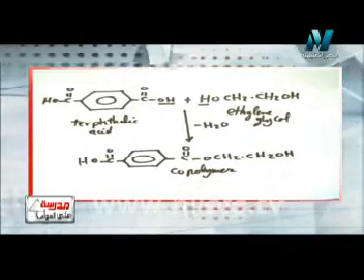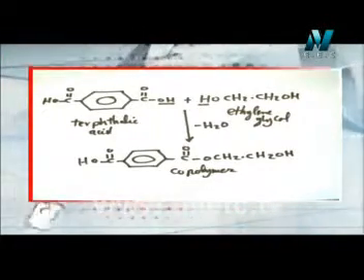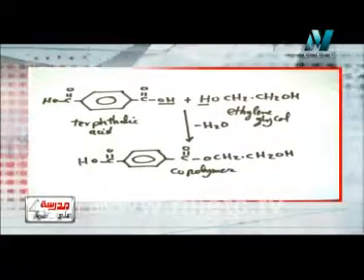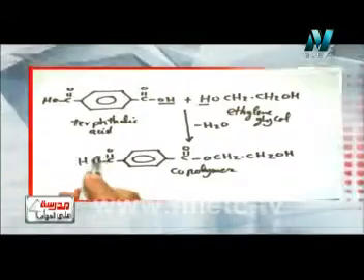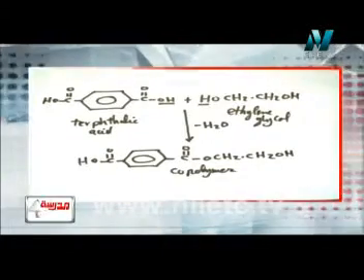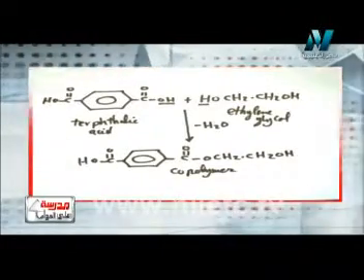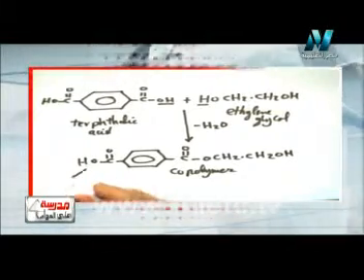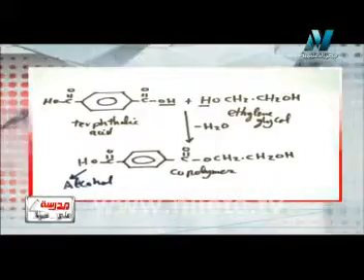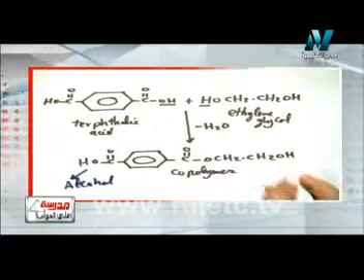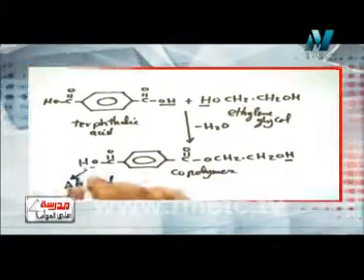The copolymer is attacked by acid and alcohol. This part, COOH, is the acidic or carboxylic group, so it can be joined with an alcohol to form an ester.